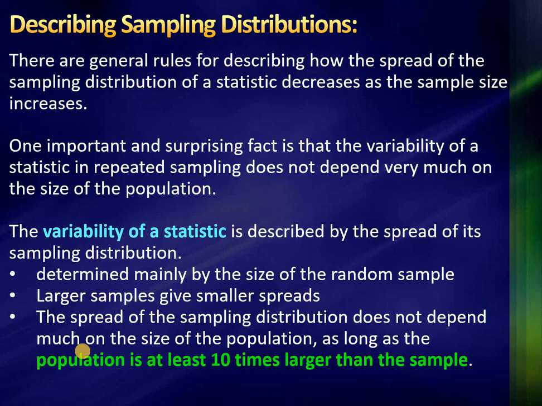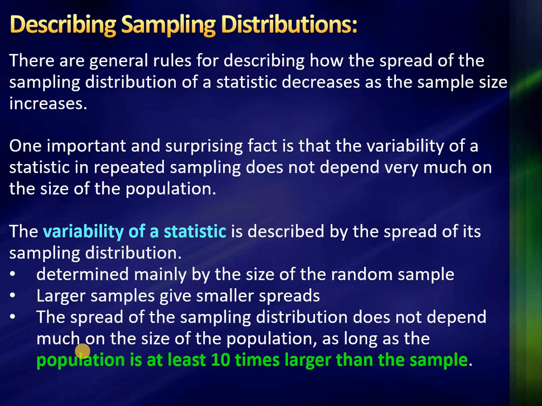But your sample cannot be bigger than 10% of your population. So even though we have 330 million people in the United States, I could not take a sample of 100 million. That would be bad, because that's more than 10% of the population.